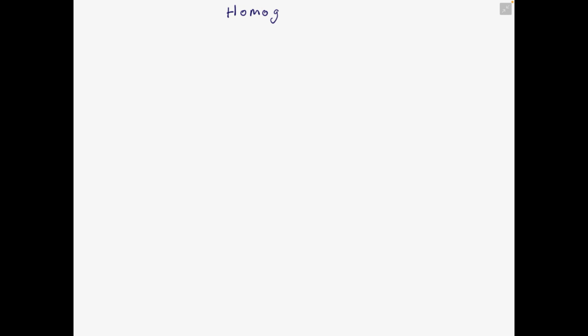We're going to look at homogeneous equations. They're more of a detailed development of the separable equations.